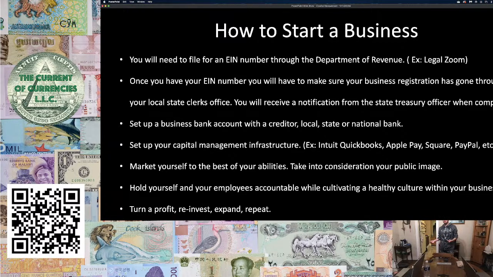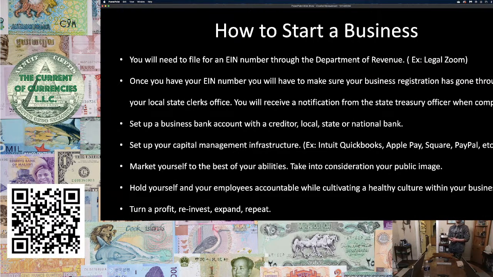It costs about $350 if I'm not mistaken, and then you can also get other services through them, including tax representation and legal representation, and it's a great resource for someone that really doesn't have the time to independently create their LLC.